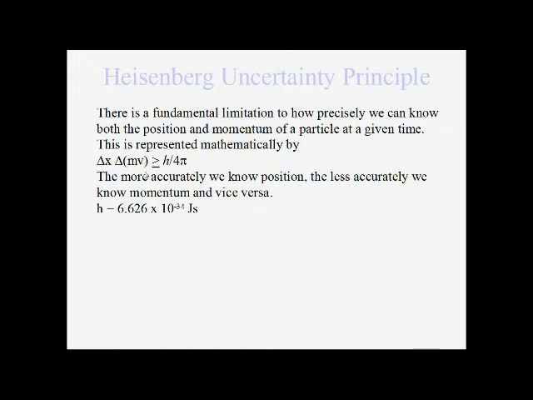Momentum is related to energy, but it's slightly different. But the product of momentum times location is a finite number, and that finite number has to be greater than or equal to h over 4 pi. So Planck's constant divided by 4 pi.